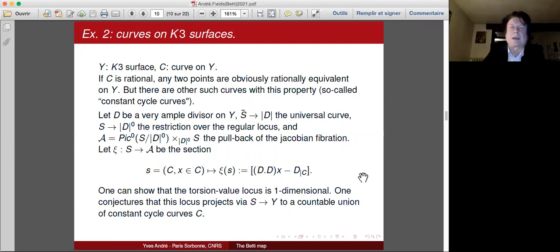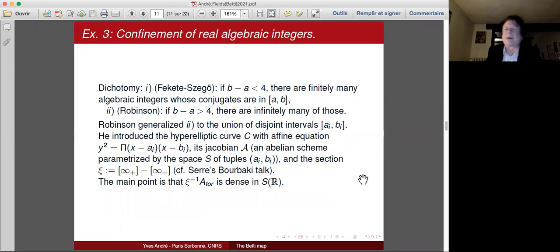Another example, which is more number theoretic, is another illustration of this kind of thing. There is a famous dichotomy related to the question of confinement of real algebraic integers.